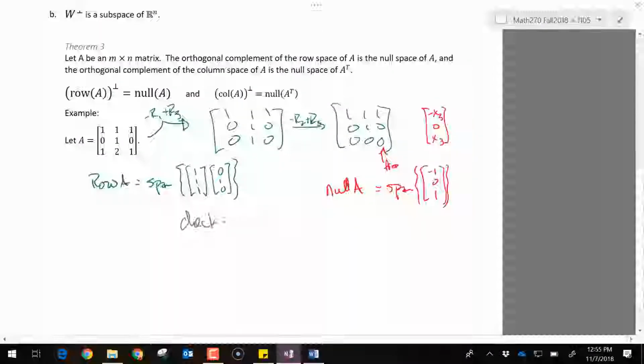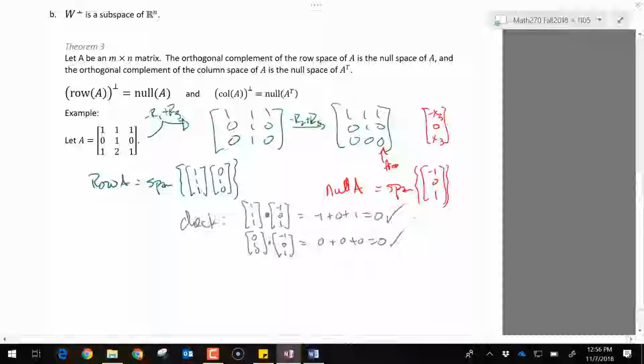the basis vectors that we have. 1, 1, 1 dotted with -1, 0, 1 is, if we do the dot product, -1 plus 0 plus 1, which is 0. So that checks out. And then 0, 1, 0 dotted with -1, 0, 1 is equal to 0 plus 0 plus 0.